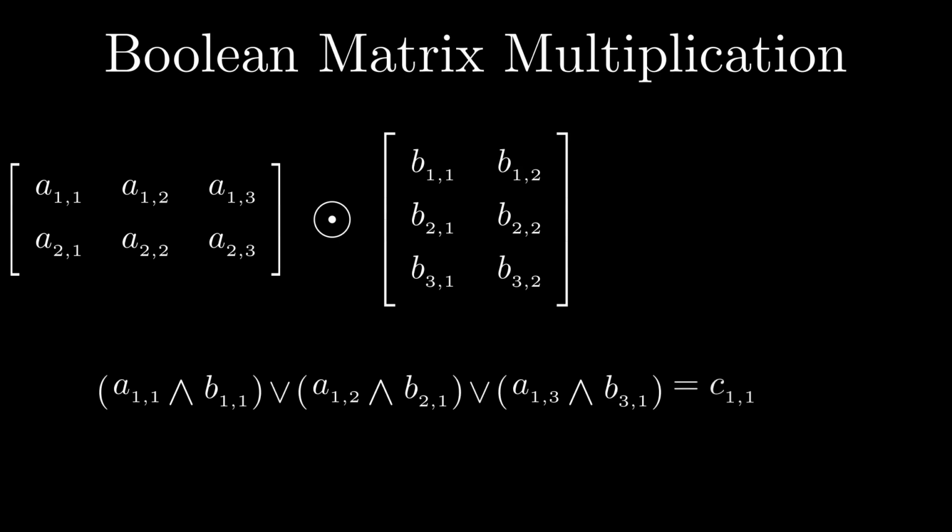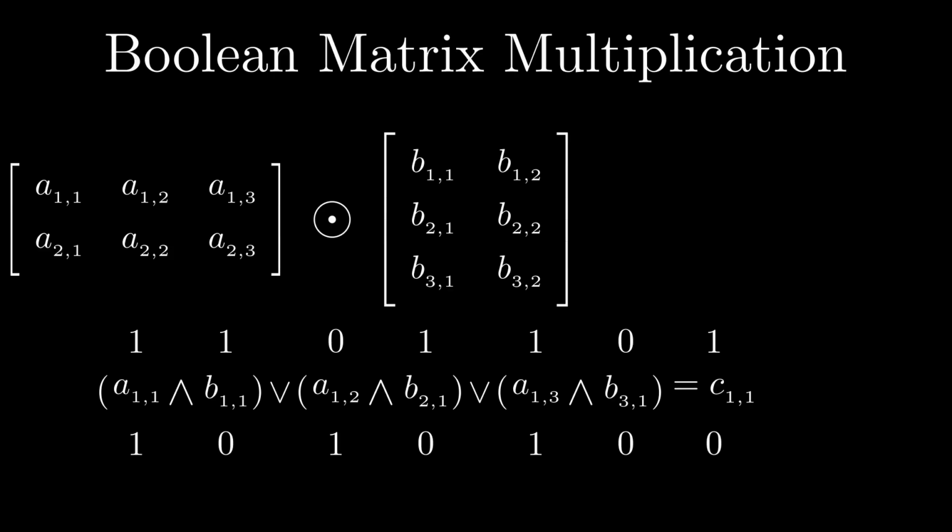This is called disjunctive normal form. So as long as a single pair of ones exists in the row and column under consideration, then C at ij is 1. Otherwise, C at ij is 0.